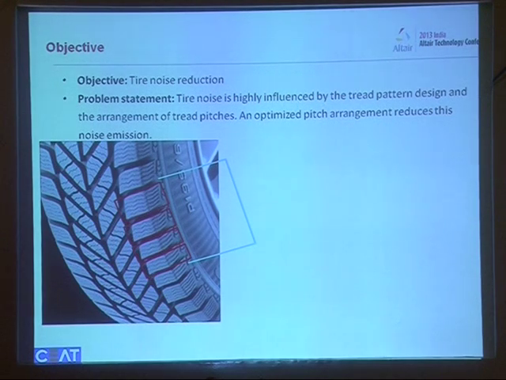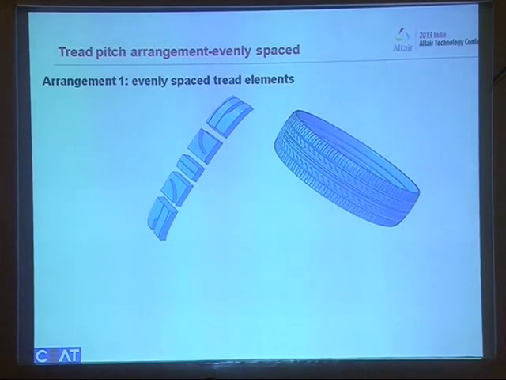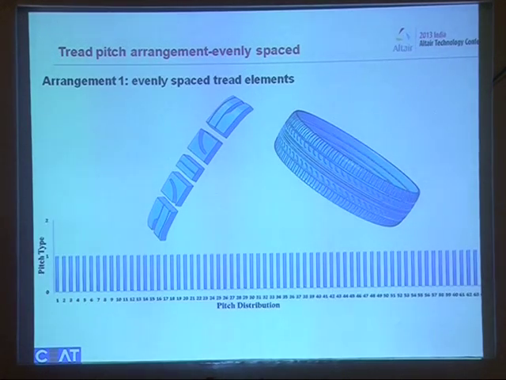In practical cases, these elements highlighted in red boxes are not of equal sizes, because if these are equal sizes, that will be an identical arrangement. So these are of unequal sizes. This is a case where every pitch is of equal size. This is a single pitch.